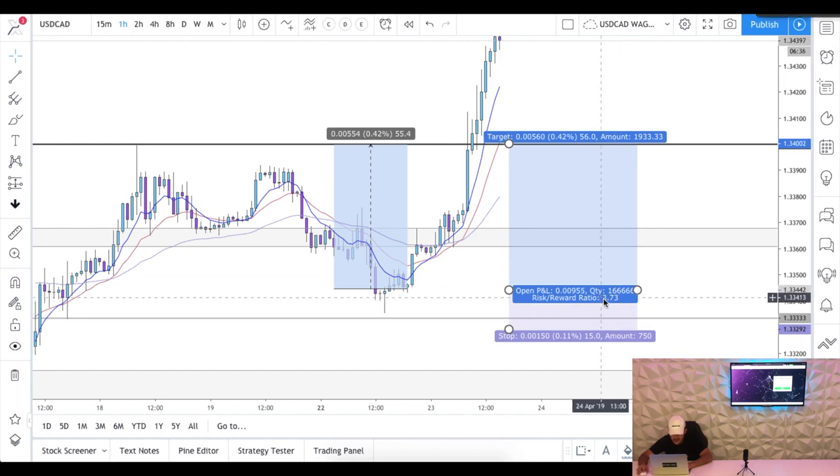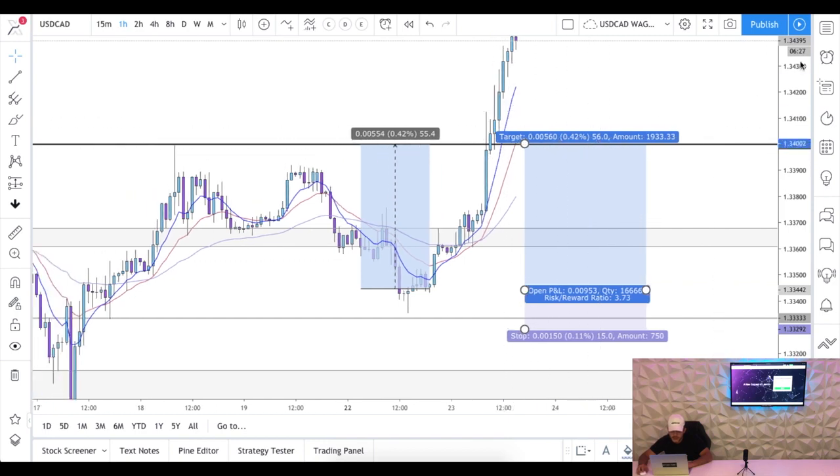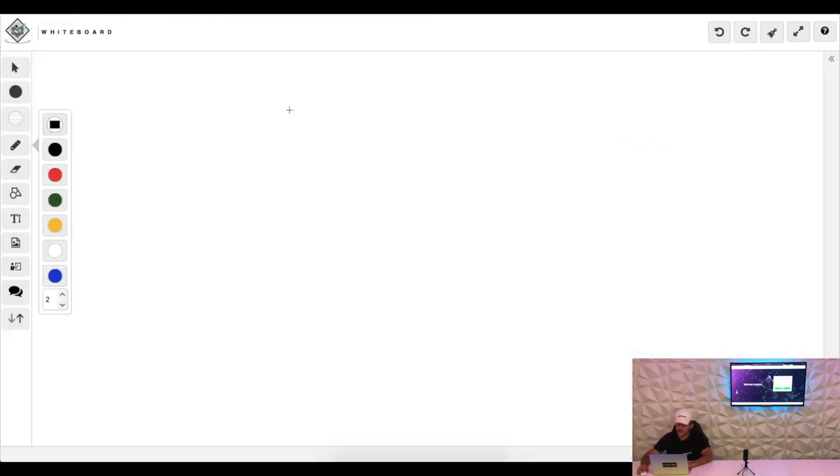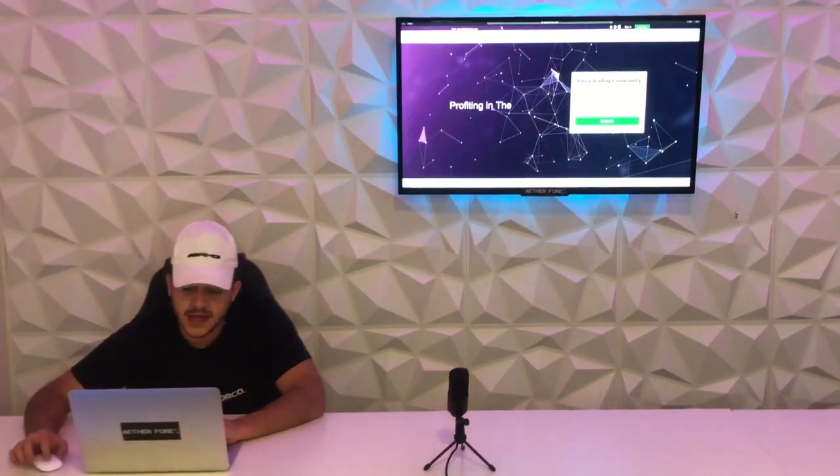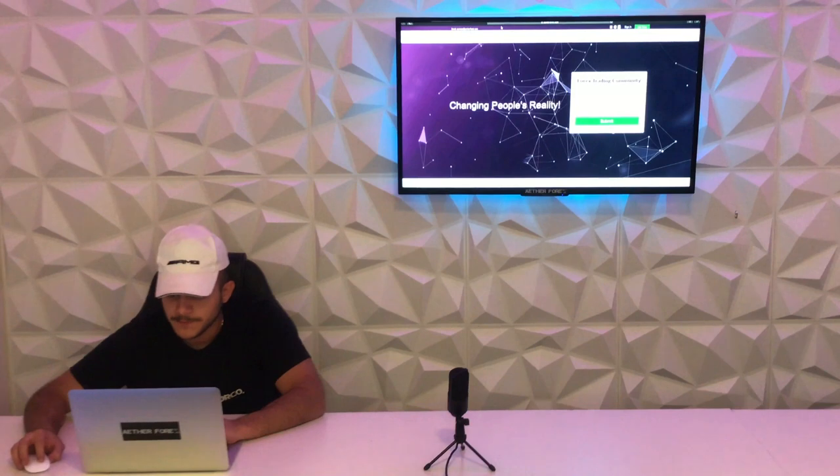So you can see that your risk reward is 3.73, meaning that for $1 you are willing to lose, you are going to get 3.73 back. So in this case, 15 pips risked, I will get 56, and that was a successful trade.